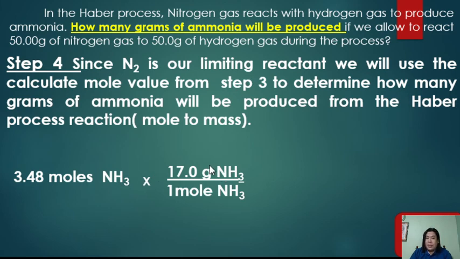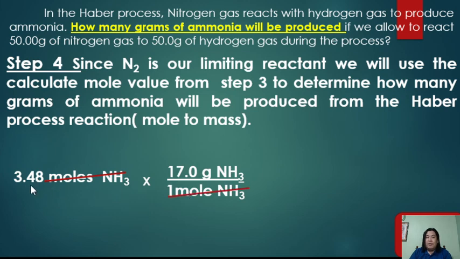So we always remember, as long as there is grams, its partner is always 1 mole of that particular substance, regardless of whether it's in the numerator or denominator. It depends on what you will cancel, or what the unwanted unit is. In this particular example, the unwanted unit is mole of ammonia. So therefore, the 1 mole of ammonia is in the denominator to cancel the mole unit.